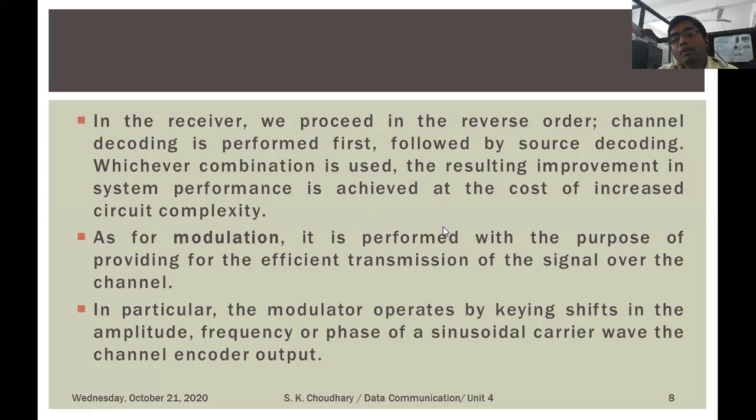The modulator operates by keying shifts in amplitude, frequency, and phase of a sinusoidal carrier wave that is coming out from the channel encoder output. Whatever the channel encoder output signal is, we modulate it by changing its amplitude, frequency, or phase by applying a sinusoidal carrier.